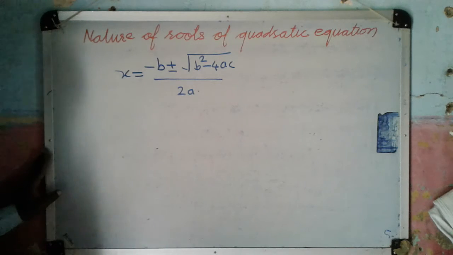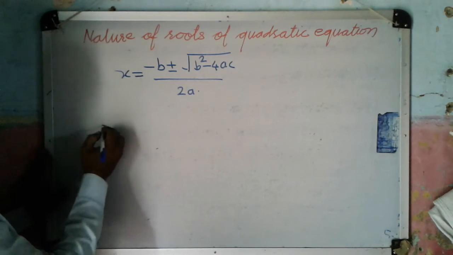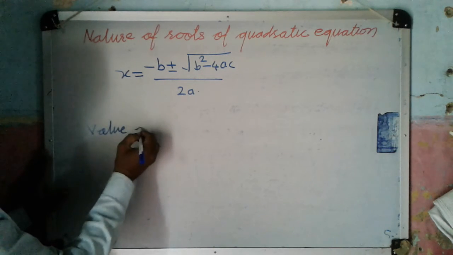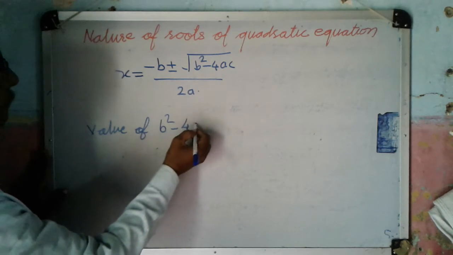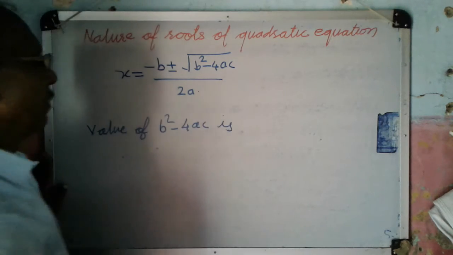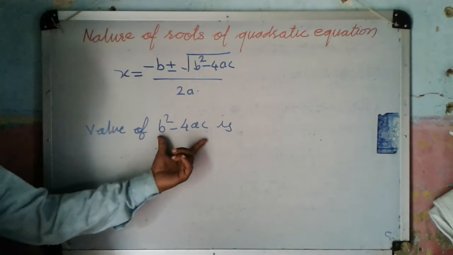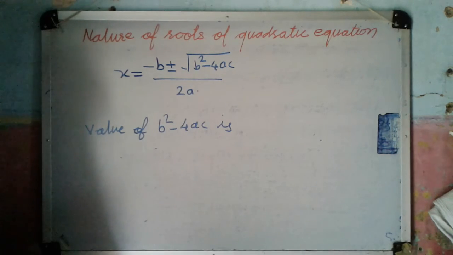So here in this formula the value of b square minus 4ac is, from this value we can determine the nature of the root.